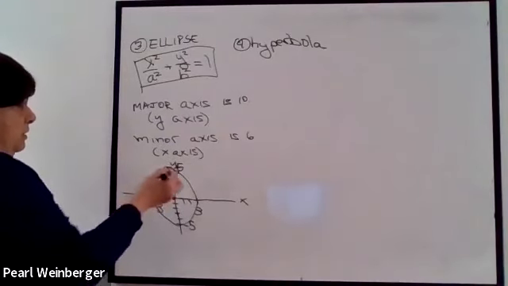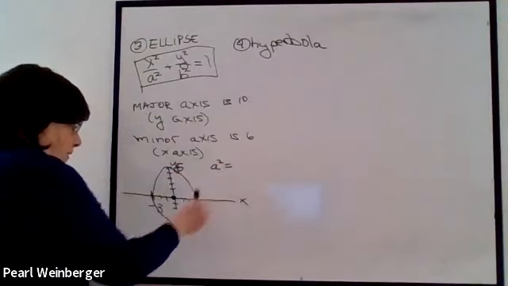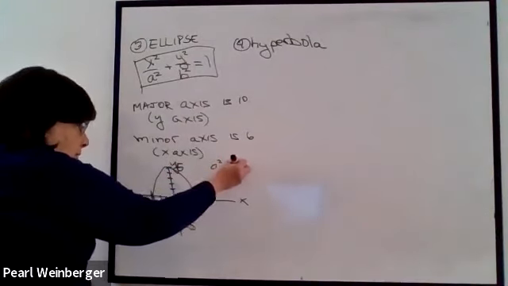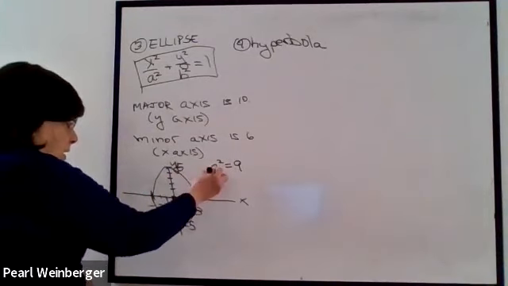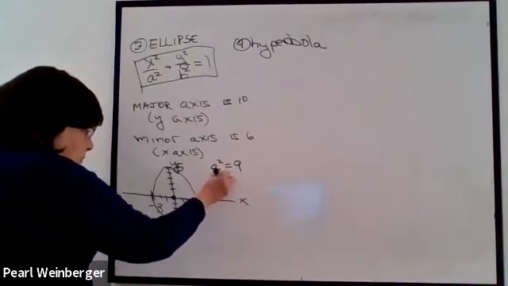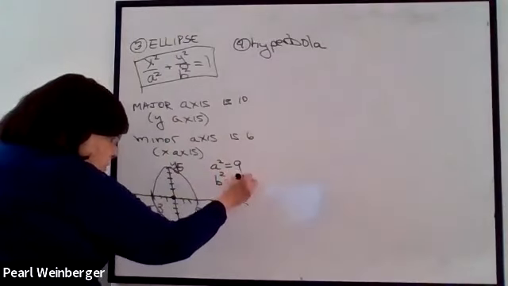And now we see that our a squared would have to be 9 because the a's are either 3 or -3. The b squared would have to be 25 because it would either have to be +5 or -5 squared.